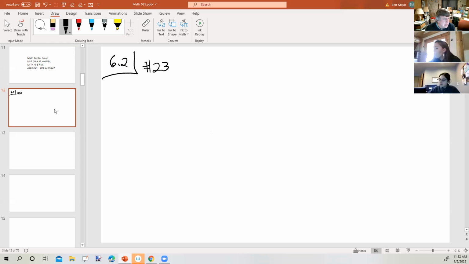Okay, here we go. So it says, choose the correct method to factor completely the following. If the expression is not factorable, enter prime. Okay. So it says 12n to the 5th power minus 48n to the 4th power minus 36n to the 3rd power.